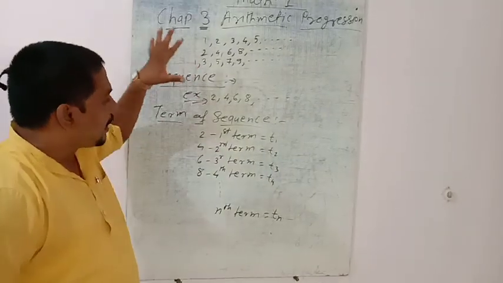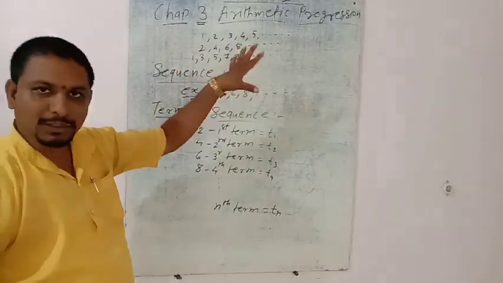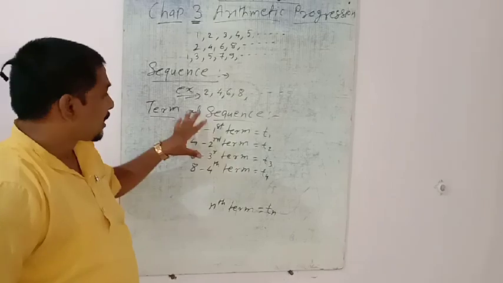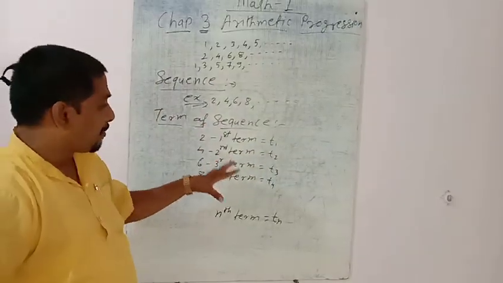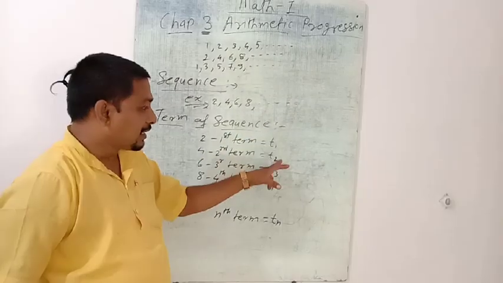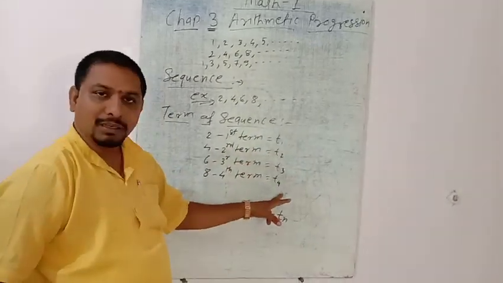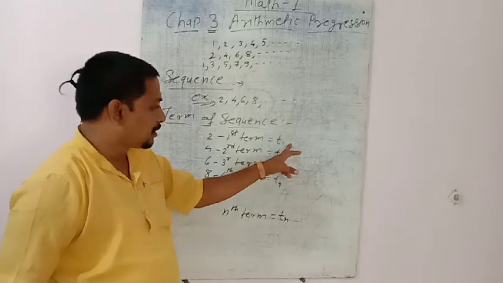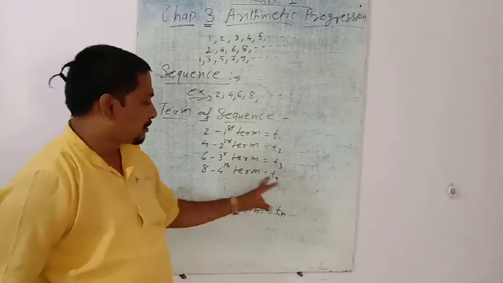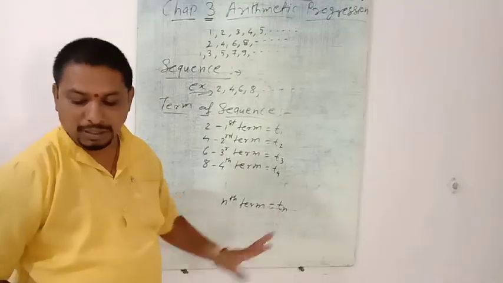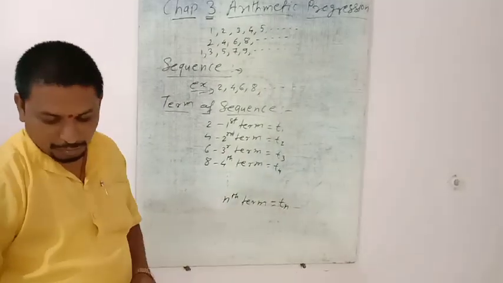So in every sequence containing numbers, the numbers are written as terms: the first term is denoted as T1, second term as T2, third term as T3, fourth term as T4, fifth term as T5.